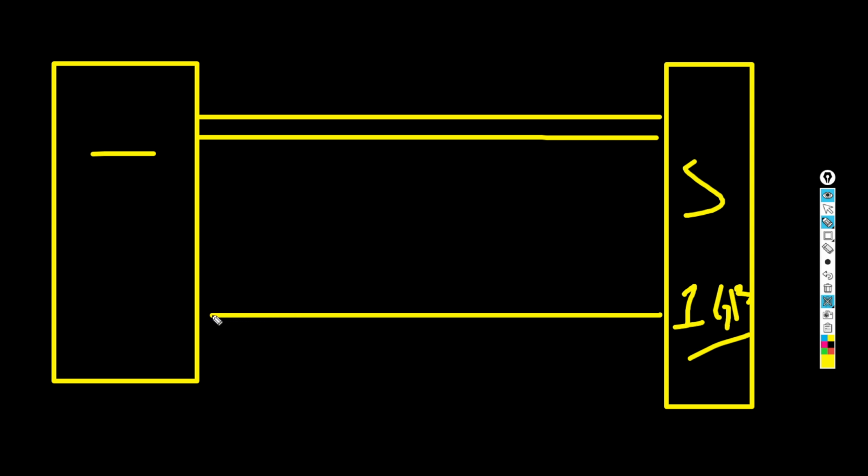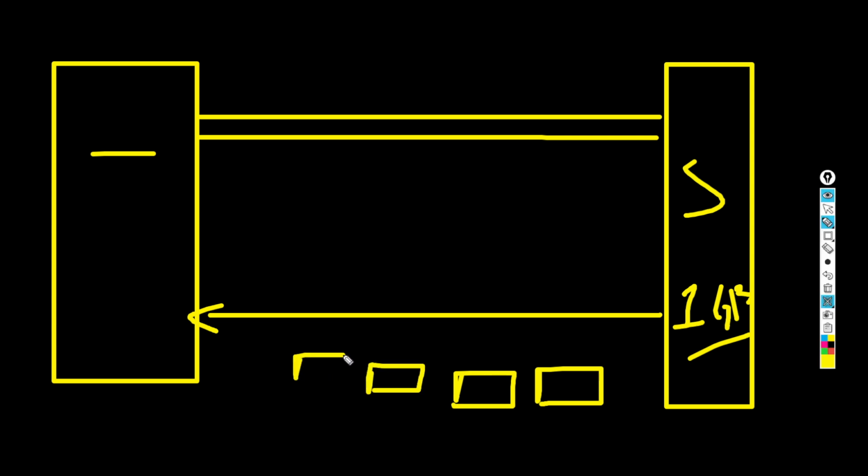Now, the user wants to download a file from the server, right? So the file size is 1 GB. So instead of sending the 1 GB file directly to the user, the server divides this 1 GB file into 100 MB chunks. So this is a packet, right?